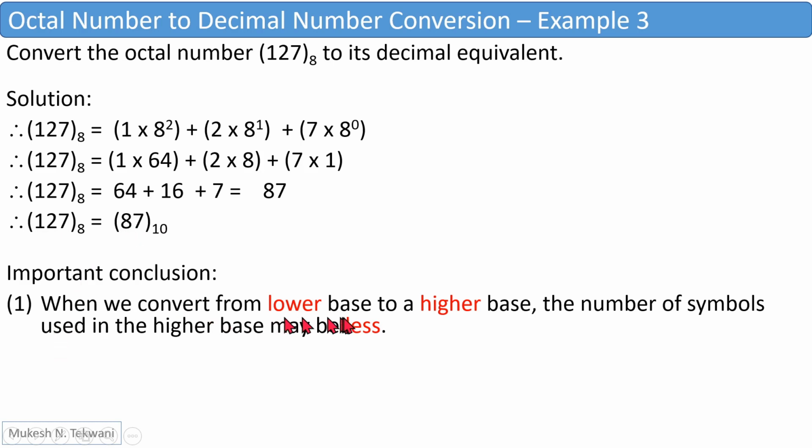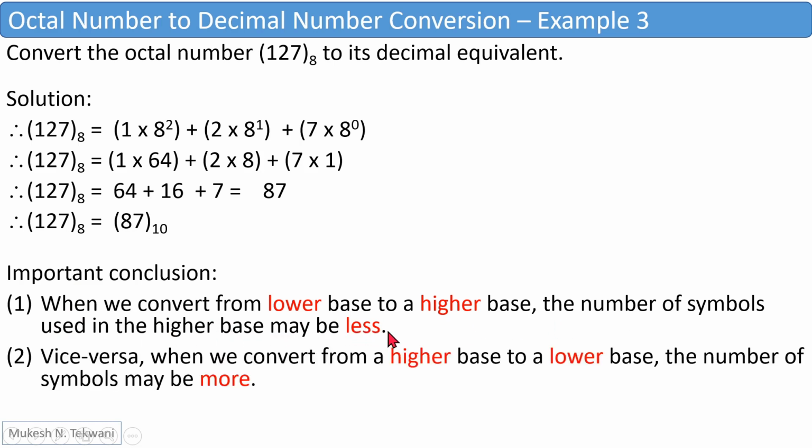So when we convert from a lower base to a higher base, the number of symbols used in the higher base may be less. And vice versa, when we convert from a higher base to a lower base, the number of symbols may be more. So if we go from 87 in base 10 to base 8, we will be using 3 symbols, 1 to 7. So this is the second important result.